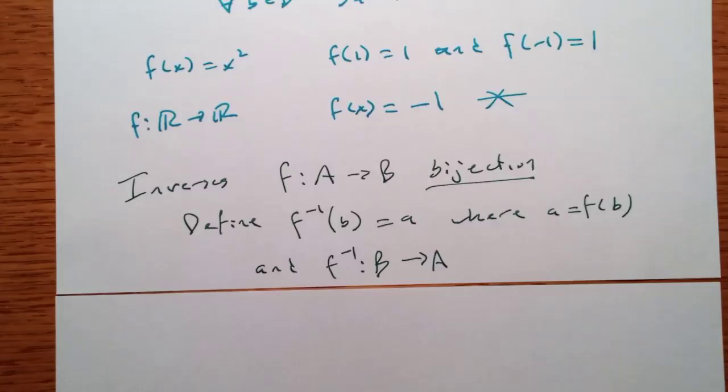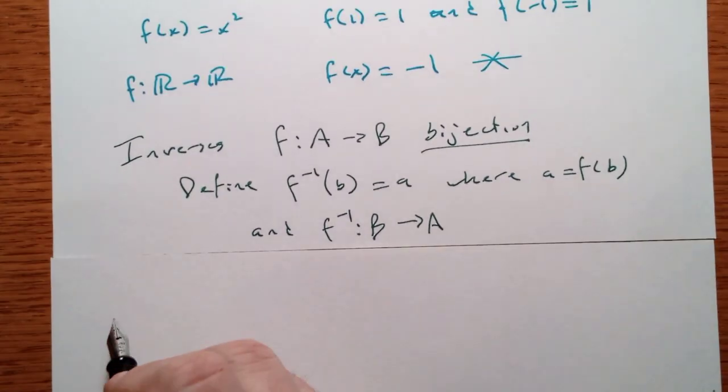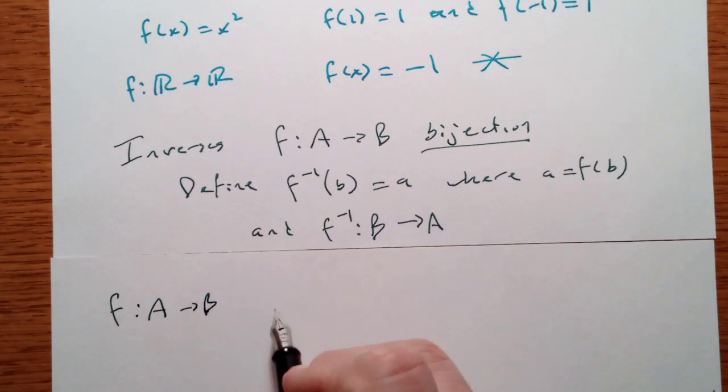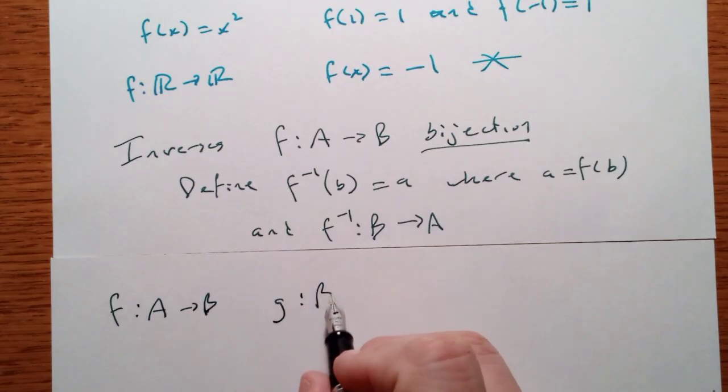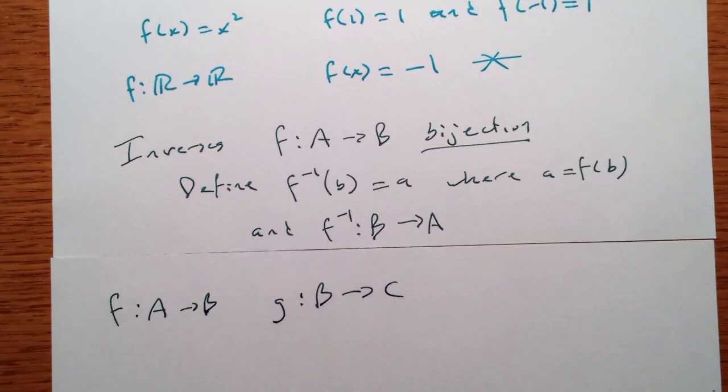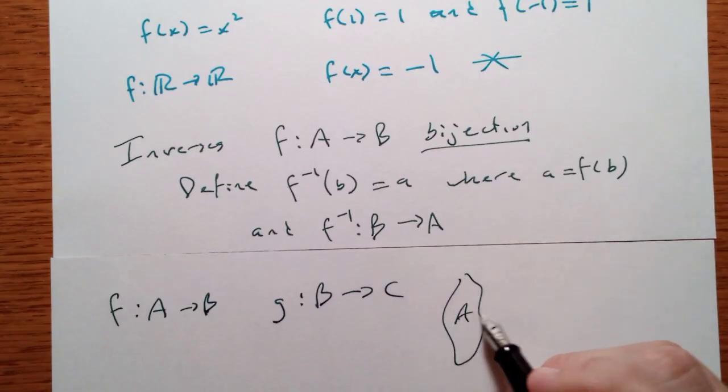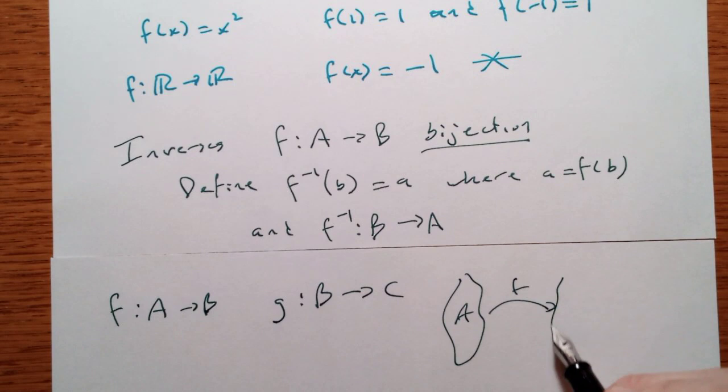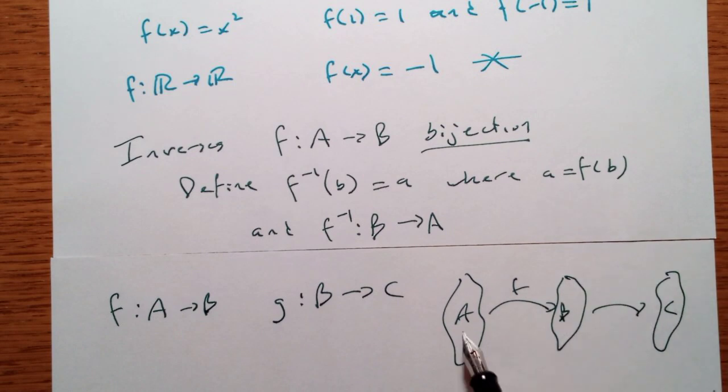If I want to know about more than one function, suppose I have f going from A to B, and I have g going from B to C. I could think of this as a picture. I have set A, set B, and set C. F goes from A to B, G goes from B to C. What if I wanted to do this in one jump?